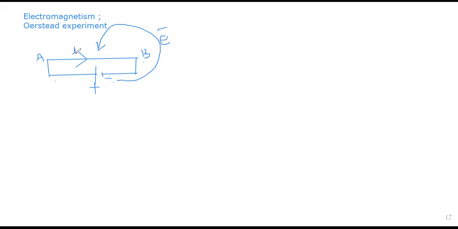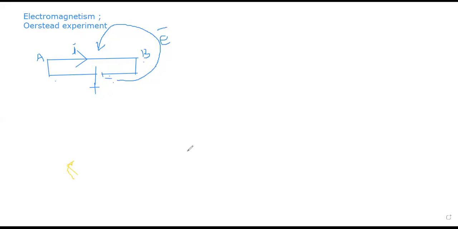We denote that with I. This is the current flowing through the conductor due to the flow of free electrons from negative terminal to positive terminal. From positive terminal towards the negative terminal, current flows through this. So we have current electricity flowing from positive terminal to negative terminal between the two ends of the conductor. So we have two types of electricity.